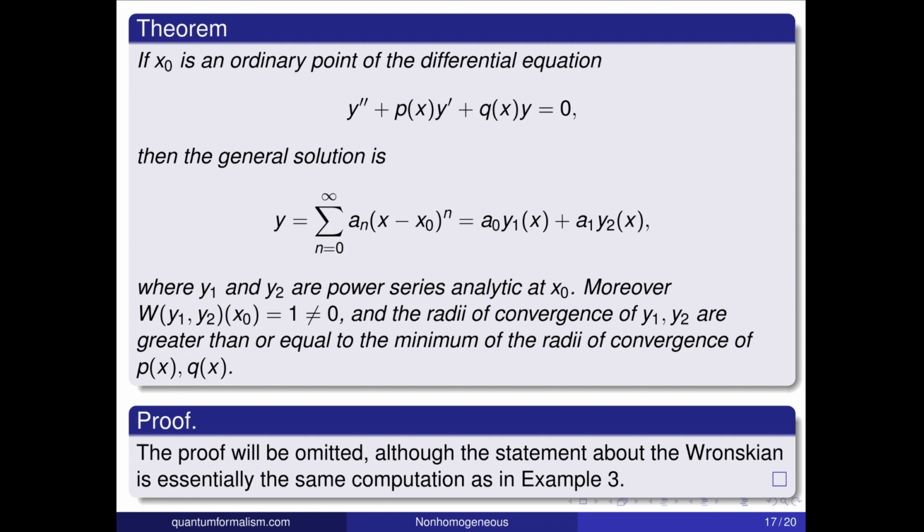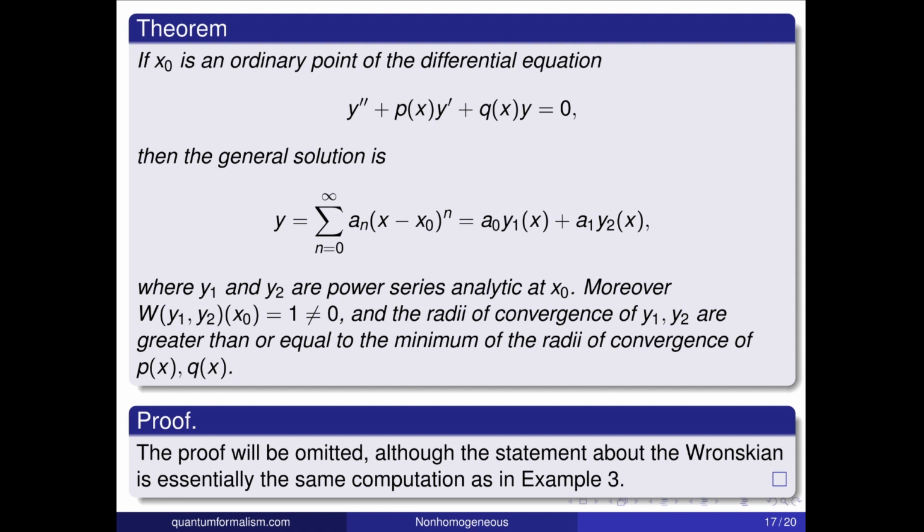So we can encapsulate some of that in the following theorem. If you're at an ordinary point, x0, so that means P and Q are both analytic, then you can write down the general solution in terms of power series. You can always do it like we've done in the previous two examples, where you have the power series coefficient A0 being arbitrary, times some power series y1 of x, plus A1, that power series coefficient also being arbitrary, times some power series y2 of x.